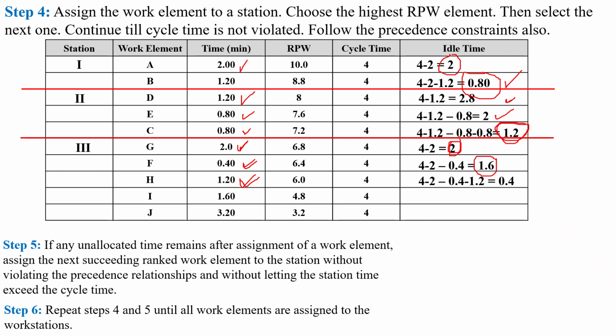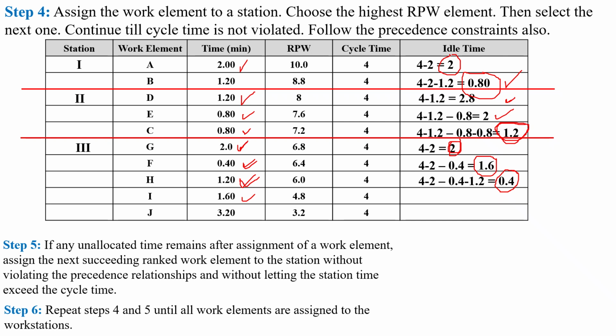Then idle time after adding the work element H in the third station will become the 4 minus 2 minus 0.4 minus 1.2, it is the 0.4. And next work element is the I. Its processing time is 1.6 but our available time is only 0.4. So in this regard we can't add the work element I in the station 3.